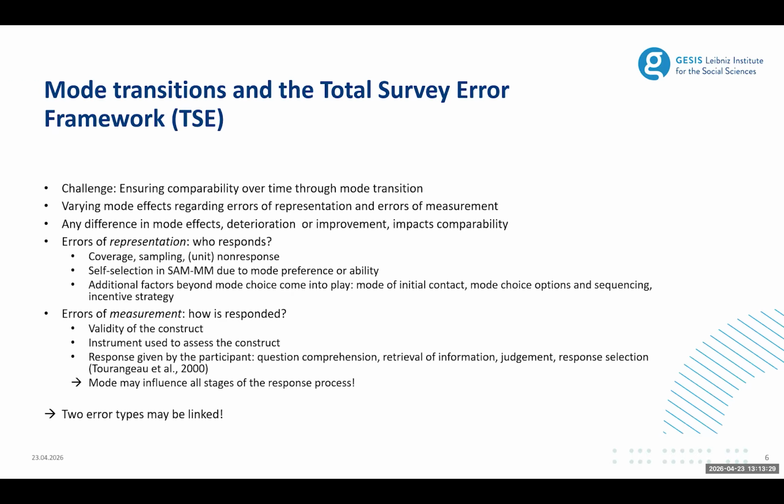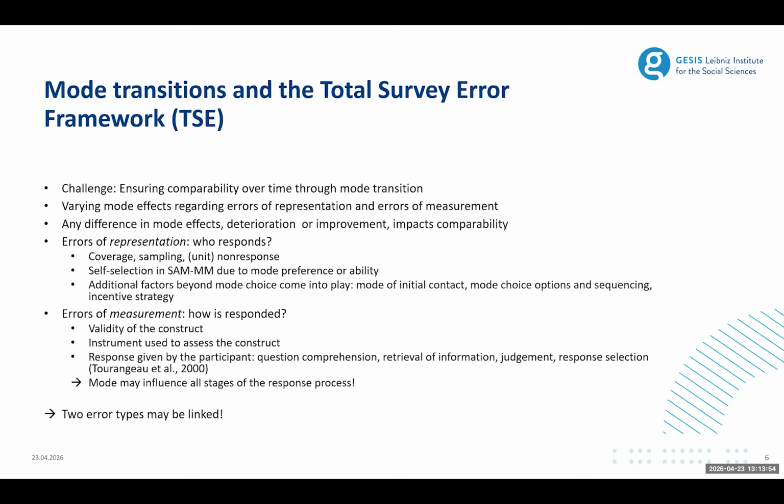To make things even more complex, these two types of errors, measurement and representation, can be linked. For example, a well-trained interviewer can motivate reluctant respondents to participate at all, thus raising response rates and reducing non-response bias. And that would be on the representation side of the total survey error framework.